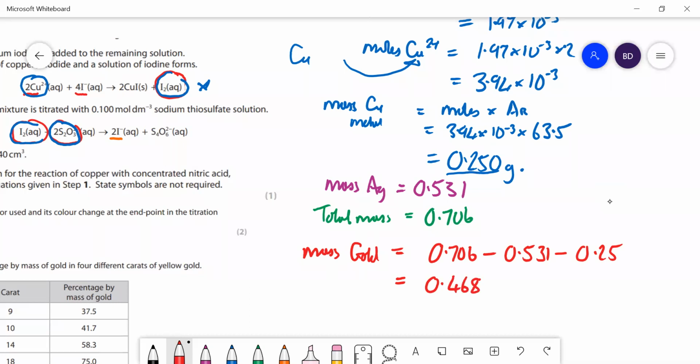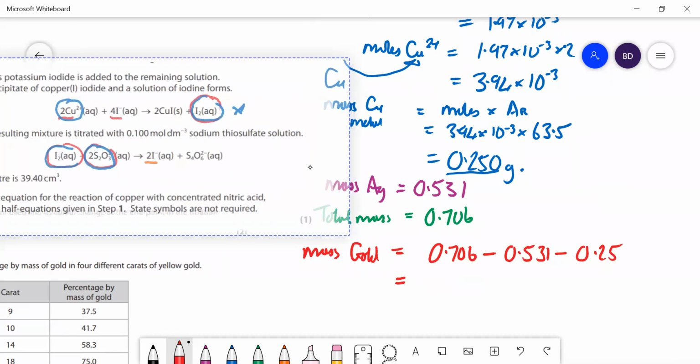Okay, now we have to work out what percentage of that, no, that's not right, sorry. I've got the total mass wrong, haven't I?